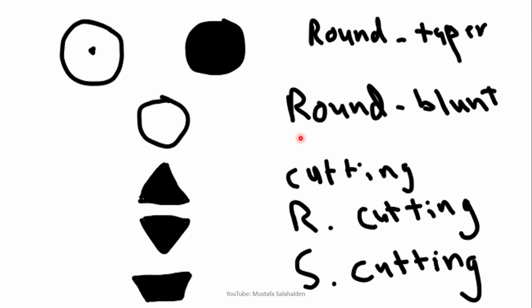While the round-bodied needle, which has a blunt point, is expressed by a hollow circle. The cutting tip is expressed by a triangle, the shape of the cross section, and the triangle is pointing upward. And the reverse cutting needle is expressed by a triangle pointing downward, and the side cutting needle is expressed by a trapezoid as shown right here.